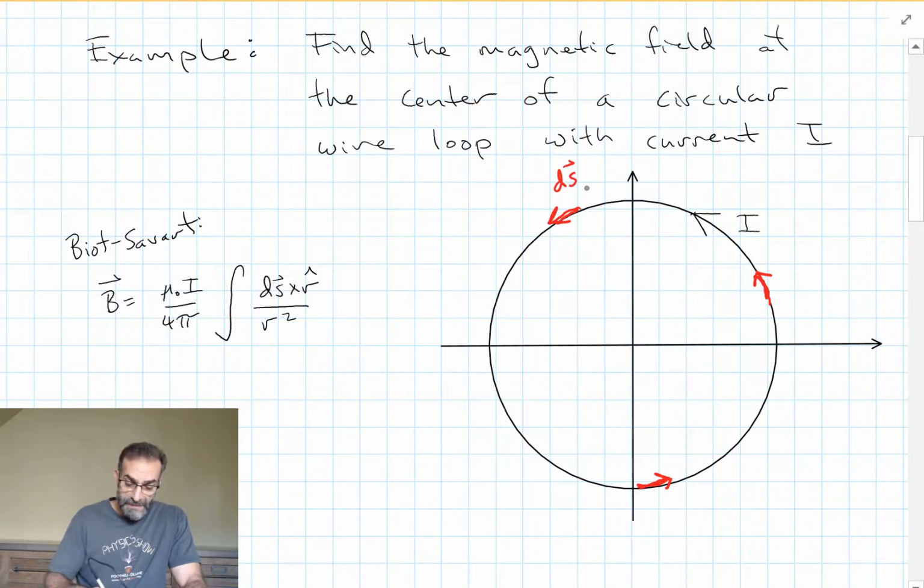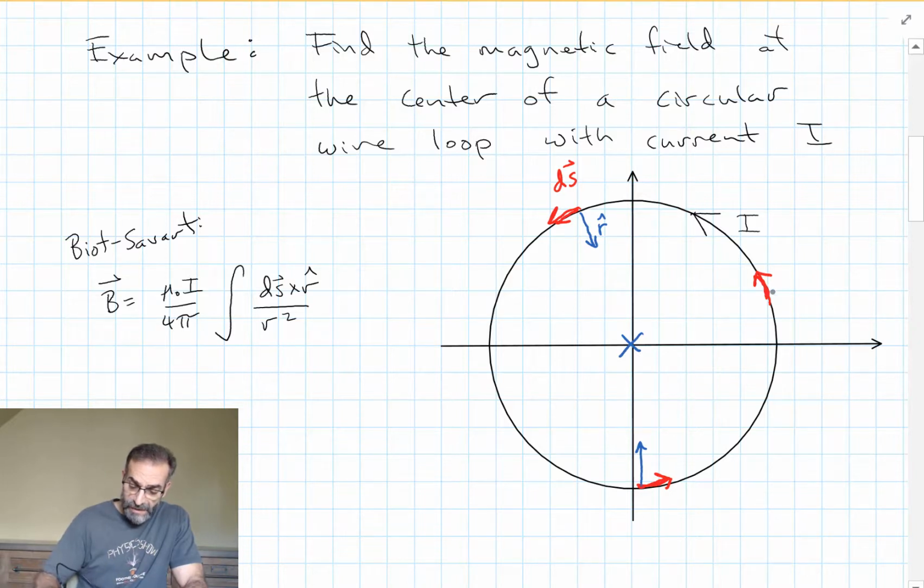R hat points from ds to my point of interest. Well, my point of interest is the center of this circle. So r hat points toward the center of the circle. If I'm at this other location, ds points to the right, r hat points toward the center of the circle.